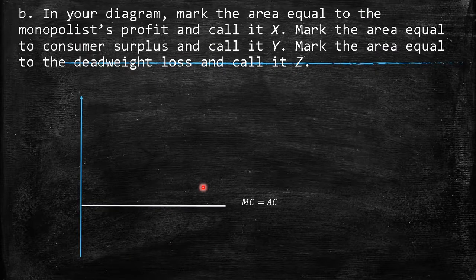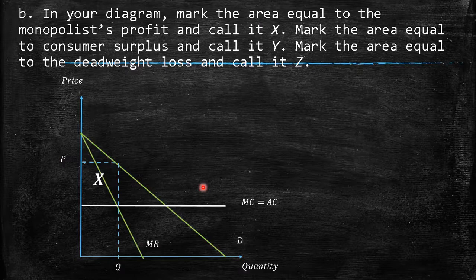The second question says, in your diagram, mark the area equal to the monopolist's profits and call it X. Mark the area equal to consumer surplus and call it Y. And mark the area equal to the deadweight loss and call it Z. So here we have price and quantity.